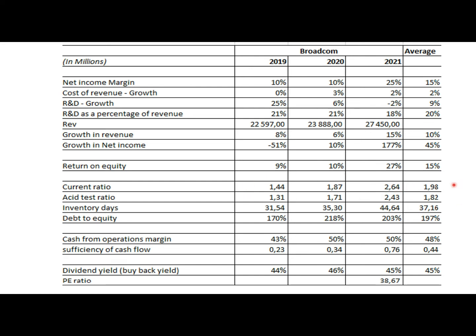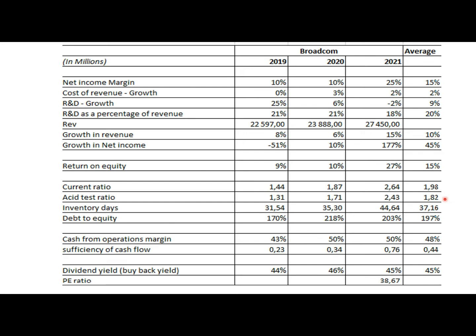Asset test ratio slightly underperformed the industry average. Slightly, the industry average is about 1.88. Broadcom asset test is 1.82. So the asset test is closer to industry average. Not that far. There is underperformance, but it's really not that far.